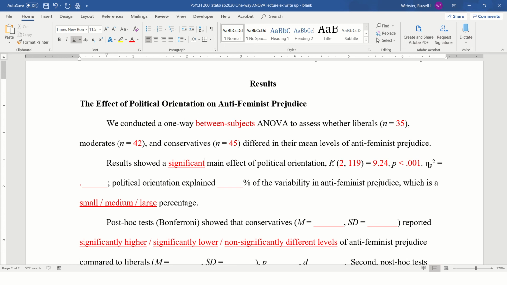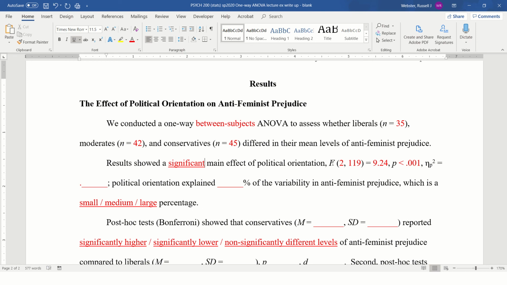And getting a significant main effect here, a significant F value, is not a surprise, as we discussed in the last video. We already know via the independent sample t-test that conservatives report a lot more anti-feminist prejudice compared to liberals. So conservatives and liberals should already significantly differ.